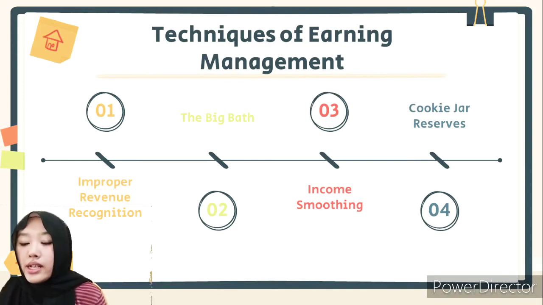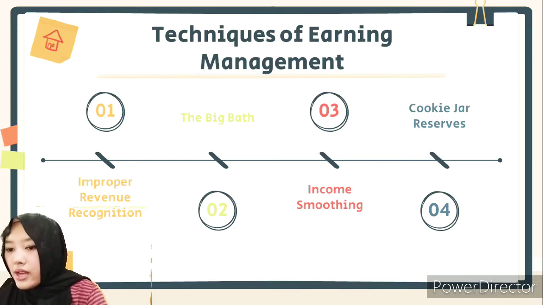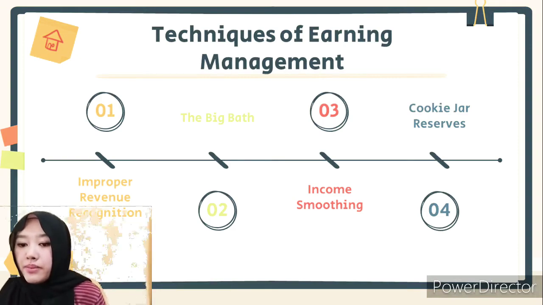And the third one is income smoothing. Income smoothing is a component of earning management that creates the growth of earning consistently, which might be healthy for the company's financial image.